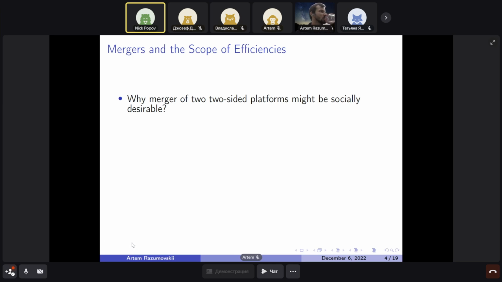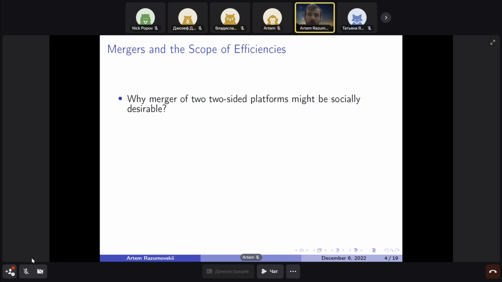So, the son in 2020 discovered that the merger of platforms can actually not raise prices for consumers, but lower them, and raise prices a little bit for the suppliers, but at the end of the day they will be better off because of the network effect from new consumers.